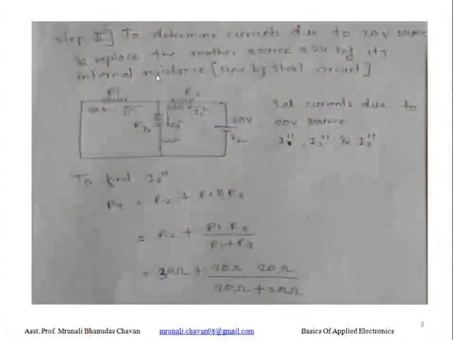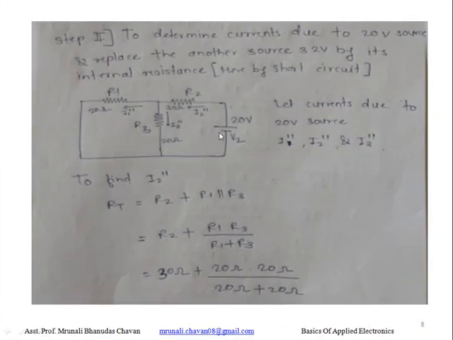Now we have to find the currents due to the 20 volt source. How can we find them? Like the 32 volt source, we replace the other source by its internal resistance. Let the currents due to the 20 volt source be I1 double dash, I2 double dash and I3 double dash. Here first we have to find I2 double dash, as it is the series current and it gets divided into I1 double dash and I3 double dash.